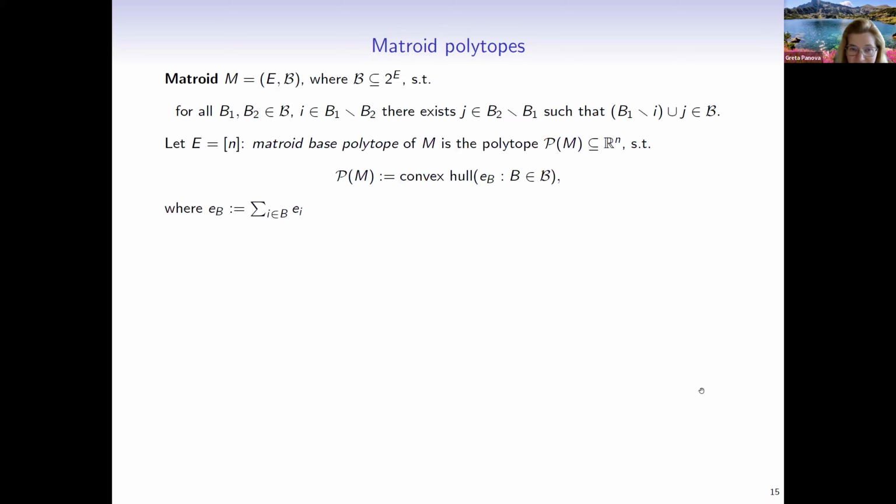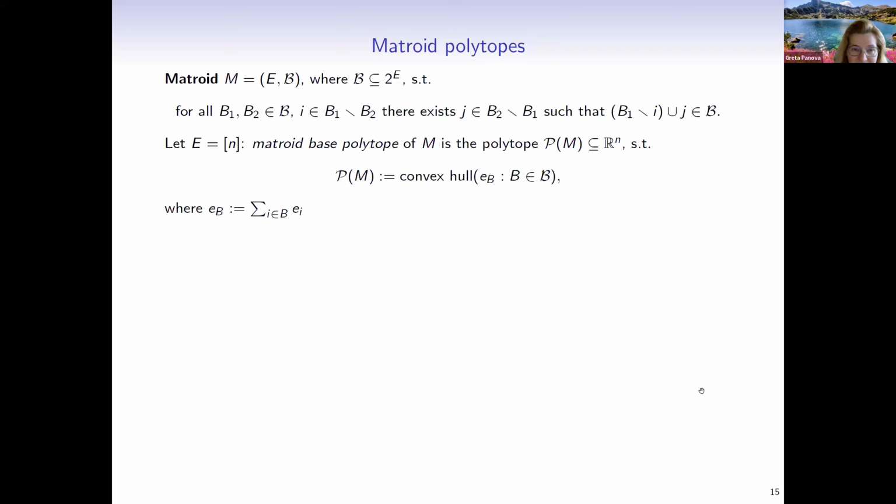You can create a polytope from this matroid: if you identify the elements with the set from 1 up to n, then you can think of the bases as indicators.